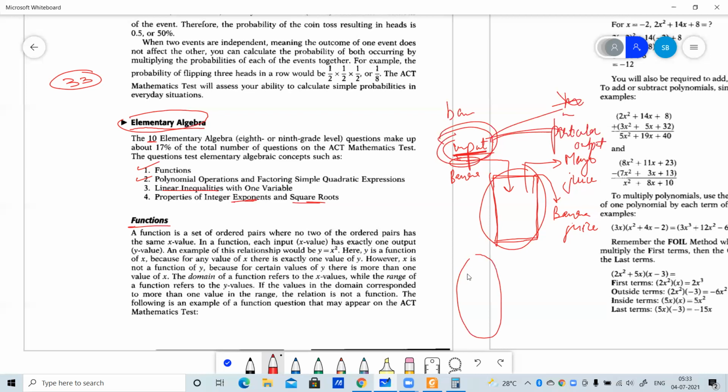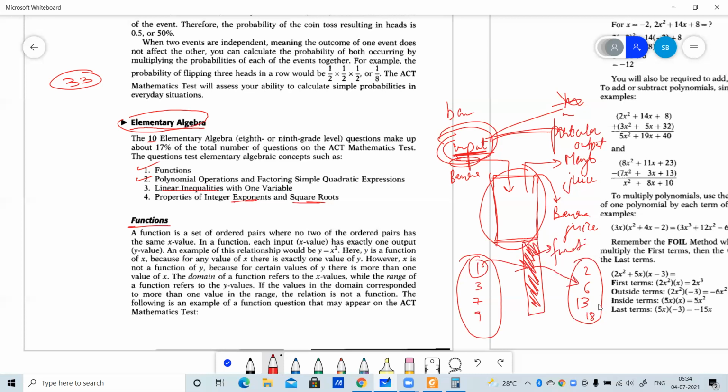So if there is a set of numbers 1, 3, 7, 9, and there is one more set of numbers, for example 2, 6, 13, 18, and there's a machine in between, and that machine is a function, then when I put 1 in this machine, I'm getting 6.